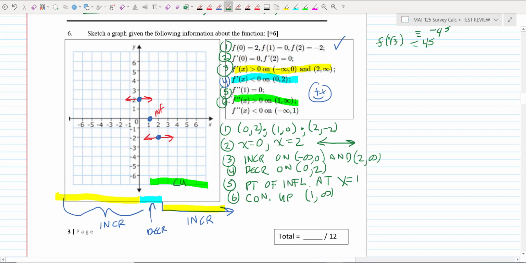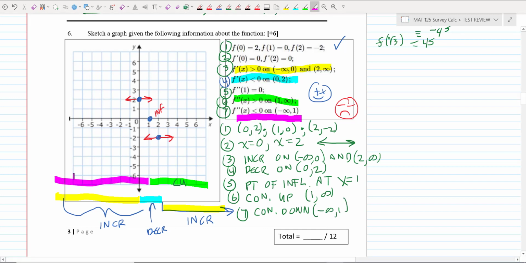And then number 7 is saying that the second derivative is negative. Remember, if the second derivative is negative, then you're concave down. So statement 7 is saying you're concave down from negative infinity to positive 1. Again, I'm just going to write a note to myself right here. We are concave down there.